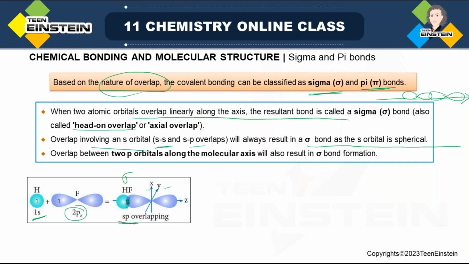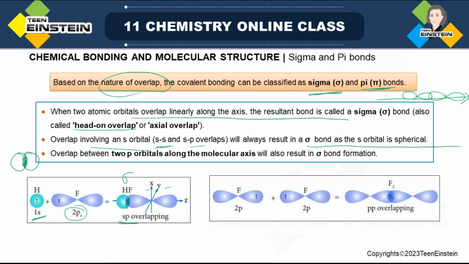Then overlap between two p orbitals along the molecular axis will also be sigma bond. So SS you have already seen. In case of, remember, two hydrogen atoms, we have already seen how SS. So this is always sigma. Right now you have seen 1s and 1p. Next you will see 2p. For the fluorine molecule, there are 2 fluorine.